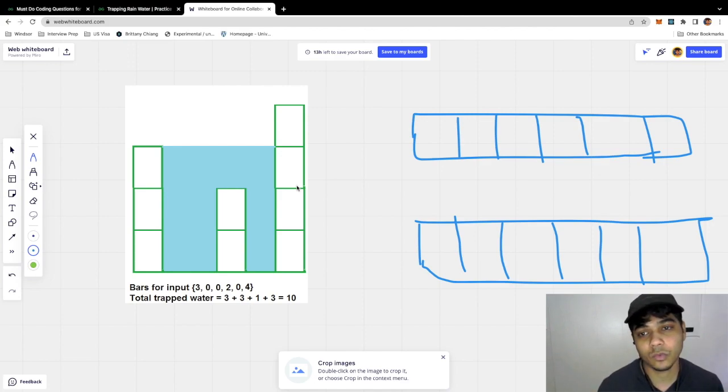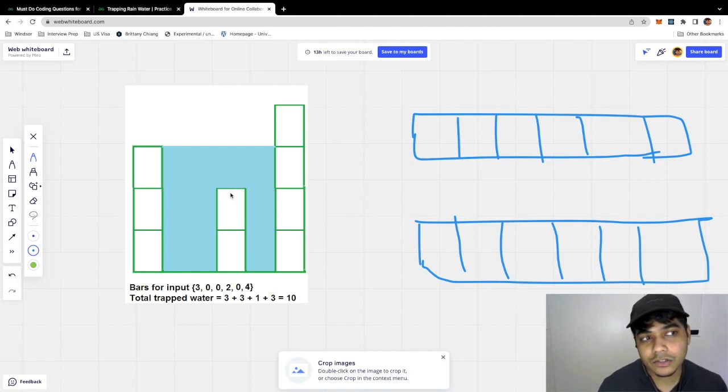So even if the water rains, it'll hold up to that level. You won't be able to store more than 3 water levels at this position, because if you go to 4, the water might just flow out of the left-hand side. So that's the idea here, and we're supposed to find the total trapped water within the structure.